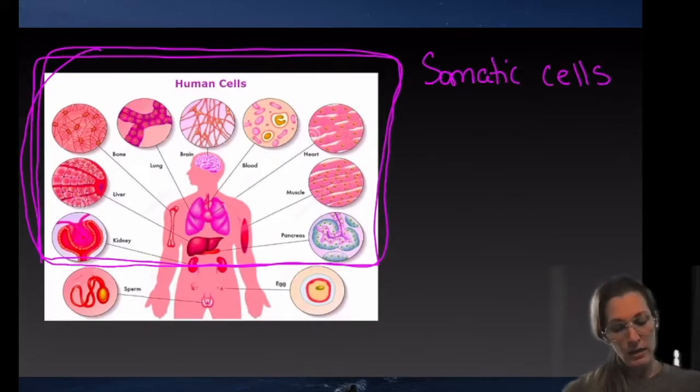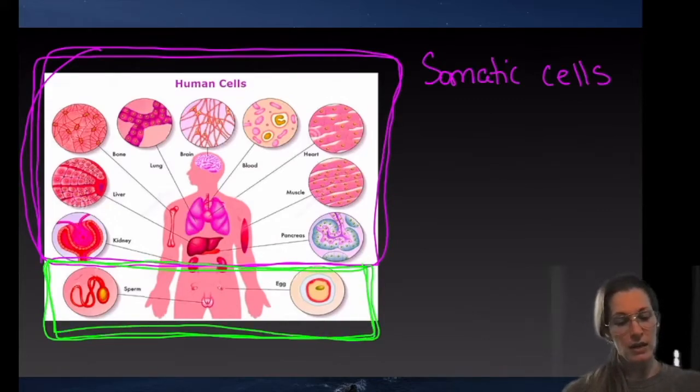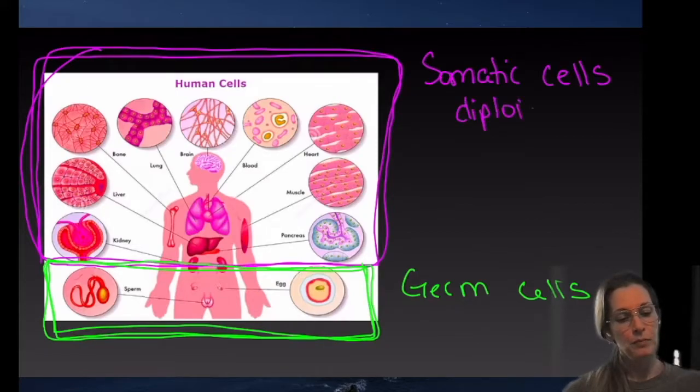And down at the bottom, you may notice the ones that I left out are the egg and the sperm. These are a special kind of cell called germ cells, and their ploidy is different. Somatic cells are diploid, and germ cells are haploid.